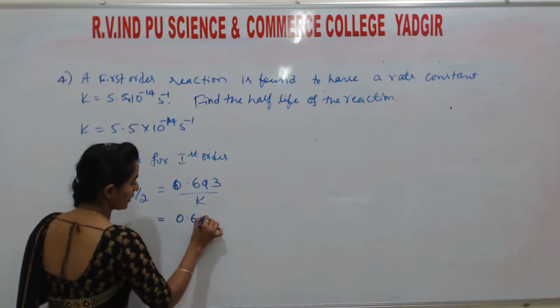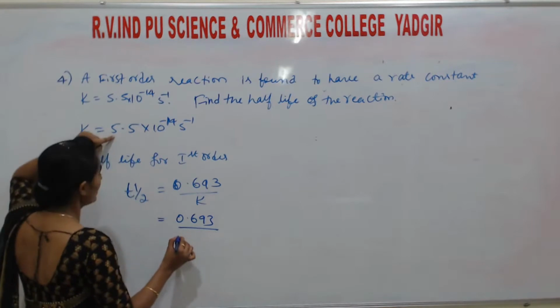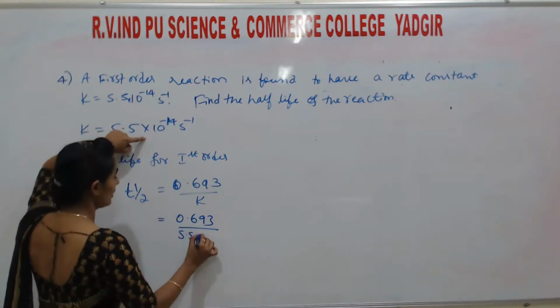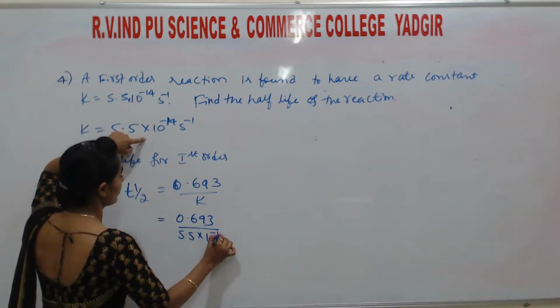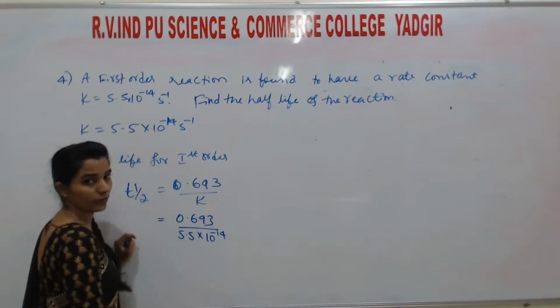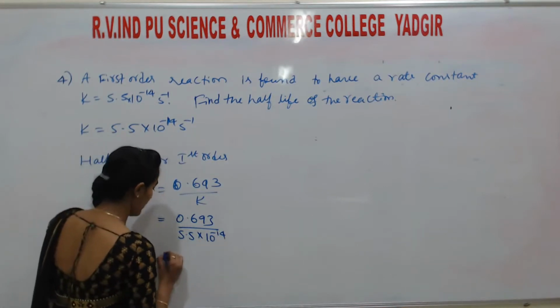So this is 0.693 divided by 5.5 into 10 to the power of minus 14 seconds.